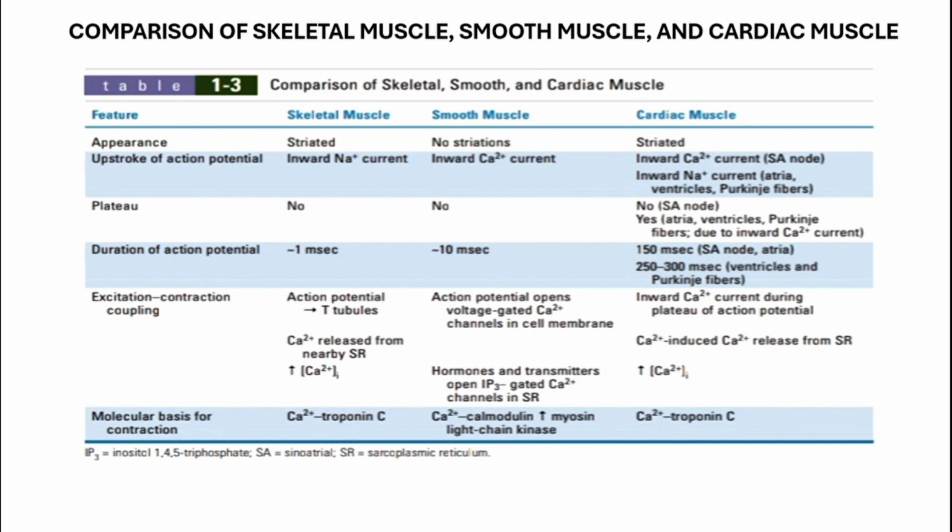So this is how the excitation-contraction coupling occurs. And what is the molecular basis for contraction in the smooth muscle? Calcium, because smooth muscle does not have troponin C. So calcium binds to calmodulin, and this increases the myosin light chain kinase. Phosphorylation occurs, and this results in the cross-bridge cycling.